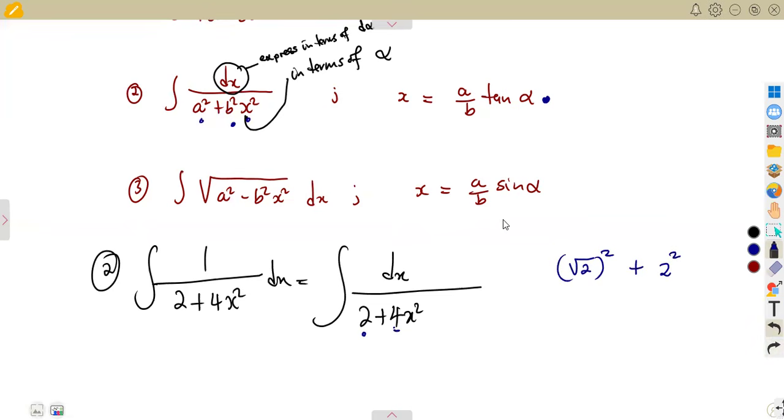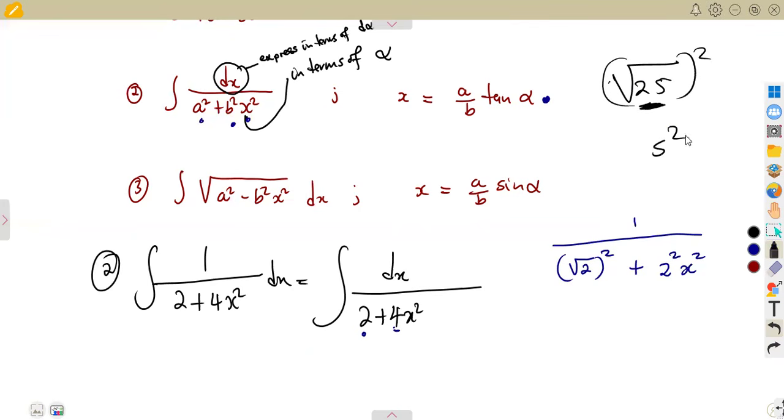In actual sense, each and every number that you were having before was written in this format. 25, you were just writing the square root of 25 squared, but we know the square root of 25 is 5, so it's 5 squared. It was one and the same thing.